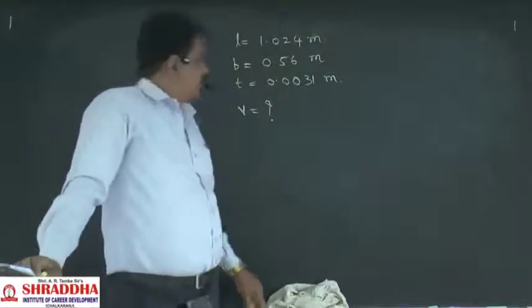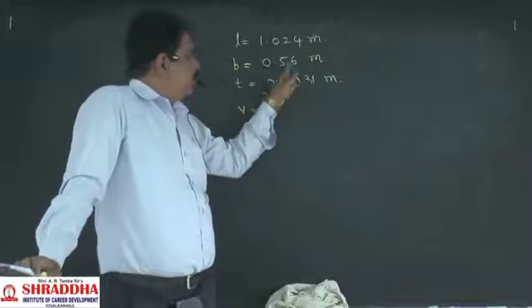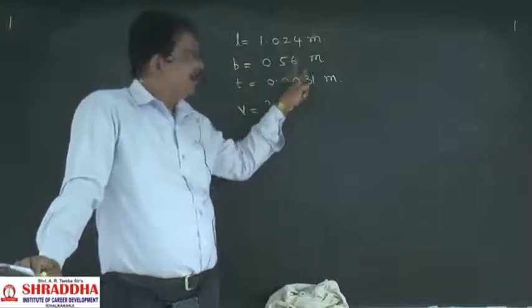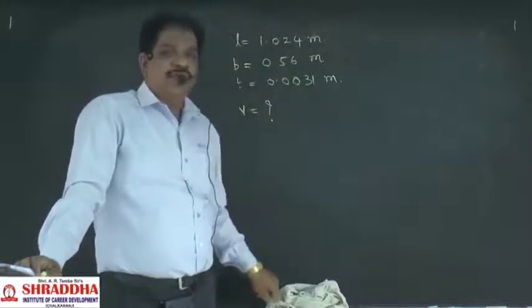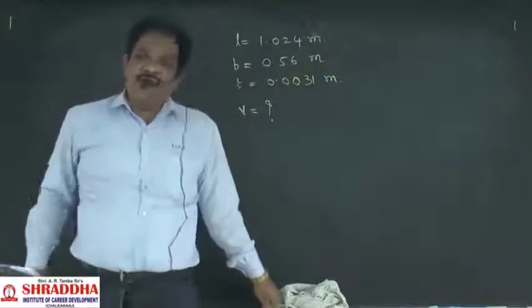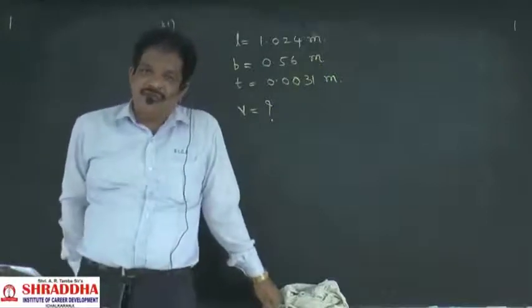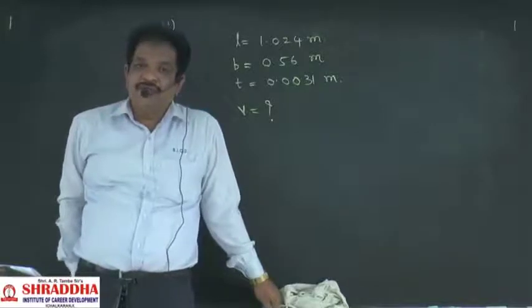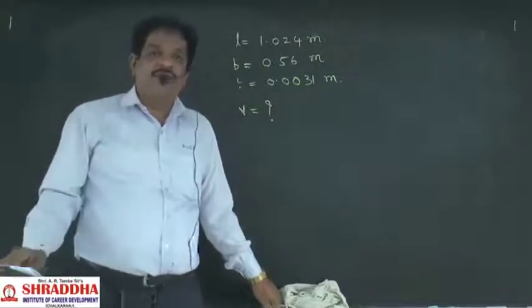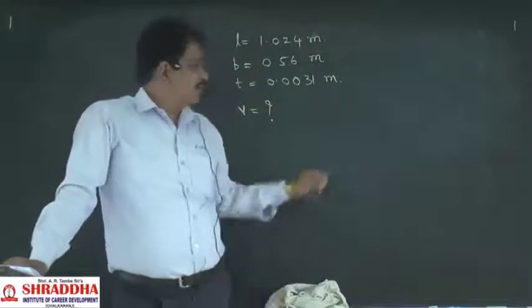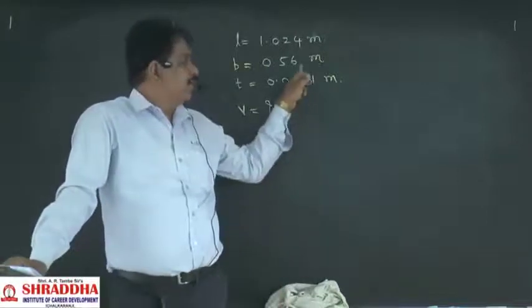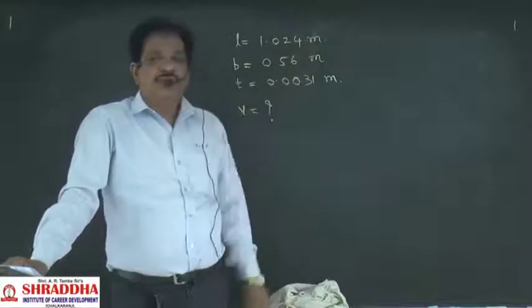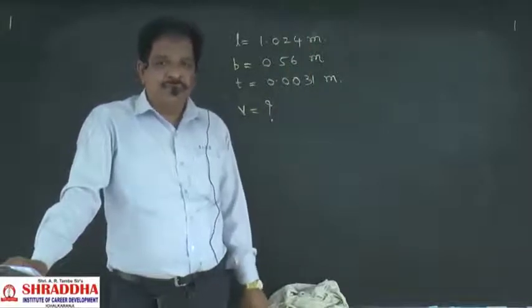So these two will have two significant figures, and this will have four significant figures. Final answer will have how many significant figures? Two. Final answer will have two significant figures because it is having 2, it is having 2, it is having 4.